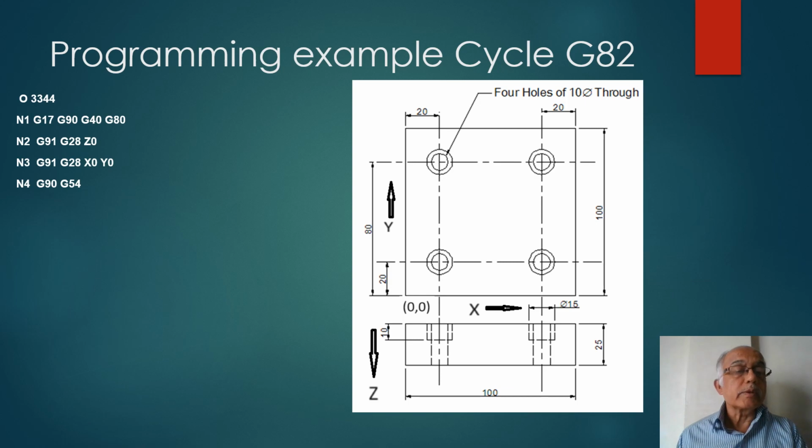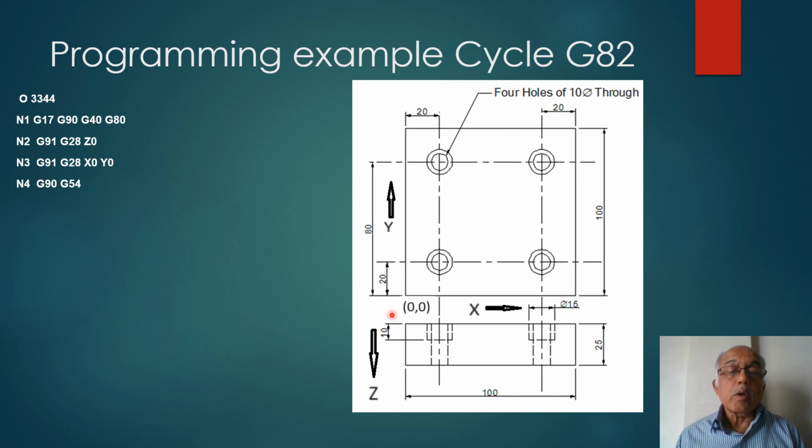Absolute programming mode is activated, and G54 is the work offset. So this is the work 0, and work offset means the relation between the machine 0 point and the workpiece 0 point. So this is the 0 point for X and Y axis, and this is the 0 point for Z axis.